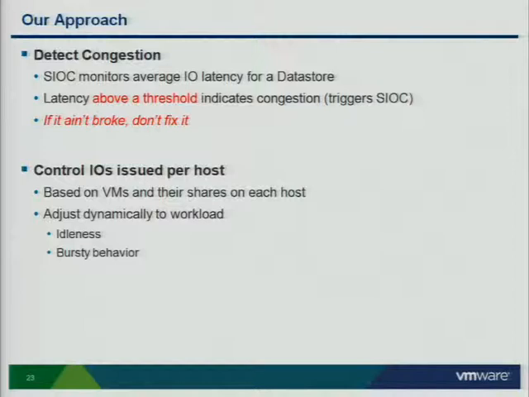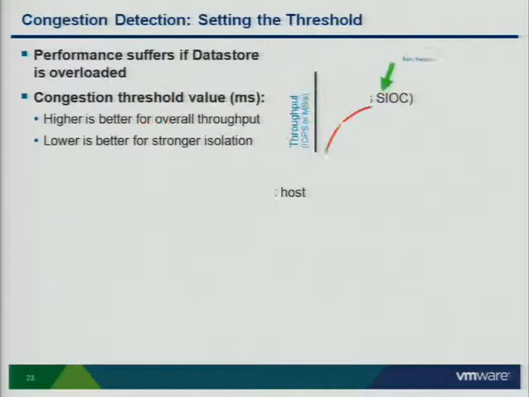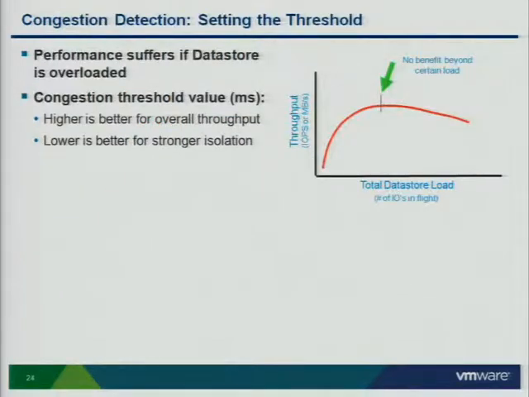Let's first look at what we mean by setting this latency threshold and what is the high-level philosophy behind picking this parameter. A lot of performance studies increase the load on the data store. I'm showing on the right-hand side a chart between the overall load on the x-axis and the data store throughput on the y-axis.